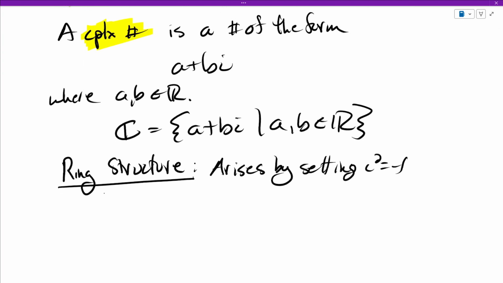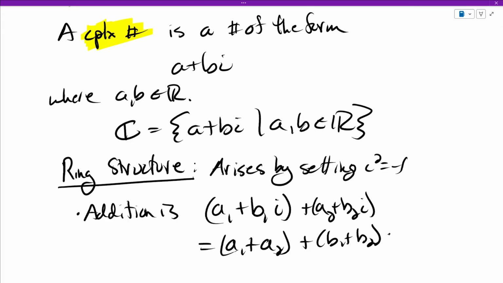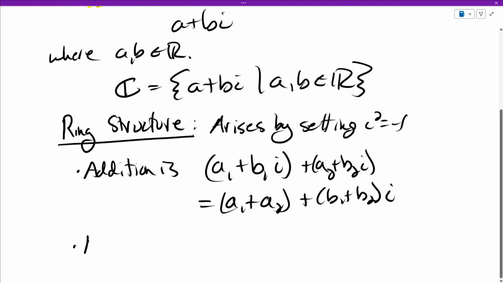So that is the addition: if we have two complex numbers, a1 plus b1i and a2 plus b2i, their sum is combine like terms, so a1 plus a2 and then b1 plus b2 i. And the multiplication is what you get when you apply the distributive property.